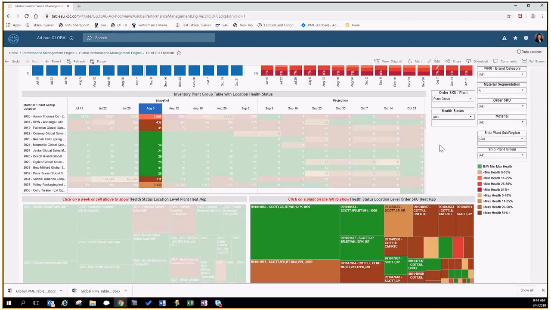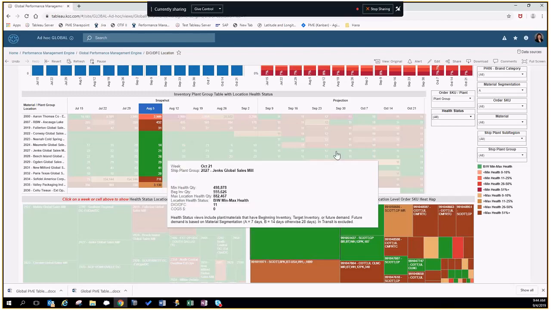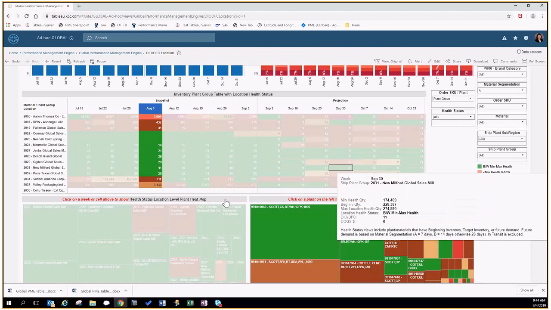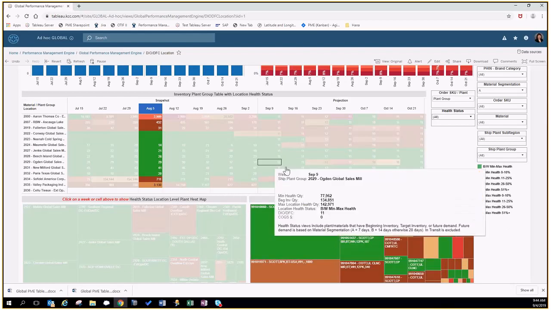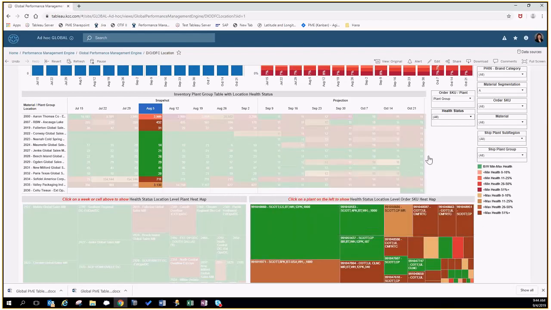We don't expect an answer for another week, but basically, the options are that if you filter on ship plant, this should not filter. It just stays the way it is. The other option is to make the whole thing go blank, but I think they're leaning toward this one staying at this level.